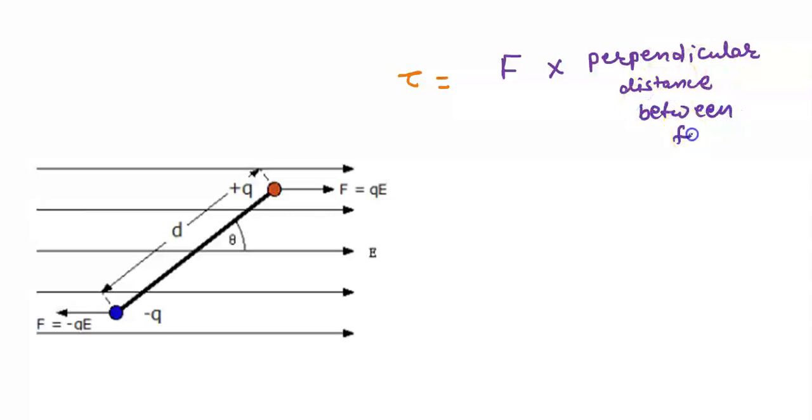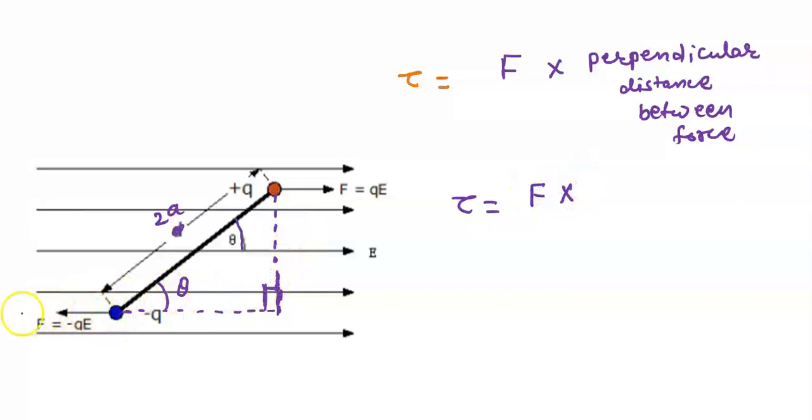When we go for the perpendicular distance, you will draw one line like this, parallel to the vertical, and then one line like this, parallel to the horizontal, and here we have this angle of 90 degrees. If this angle is theta, then this angle also has to be theta only. This we have assumed 2a. Now torque tau is equal to force into perpendicular distance between the lines of force.